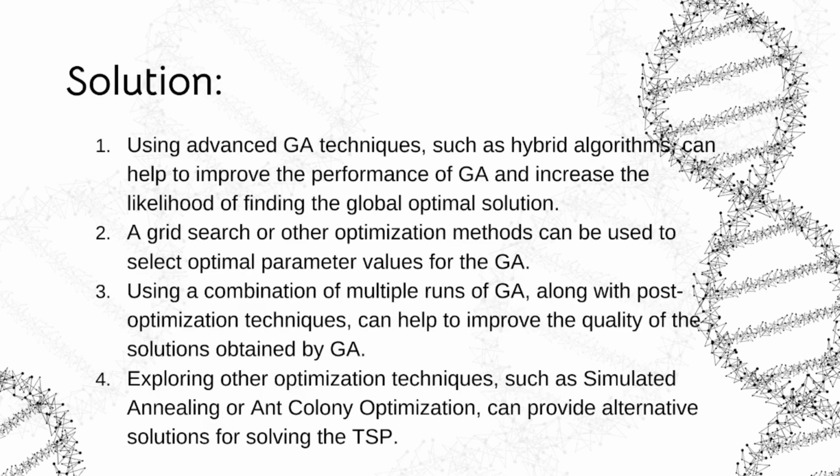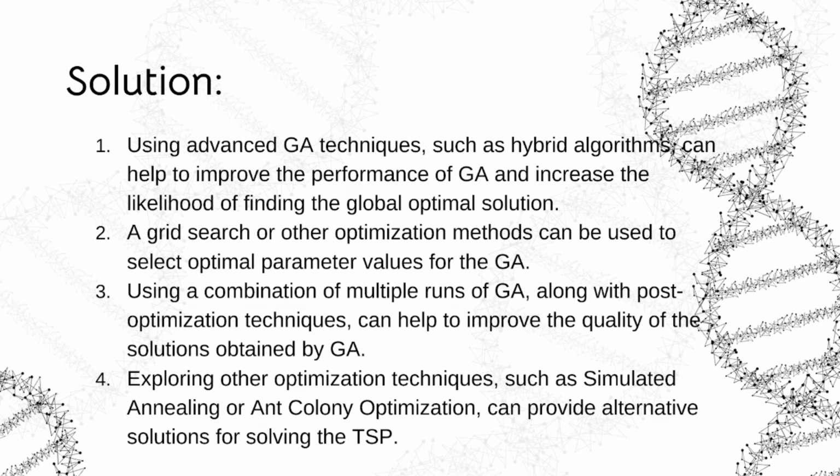Let's check a few solutions for these limitations. There are several solutions to the limitations of GA in TSP. Advanced GA techniques like hybrid algorithms can improve the performance of GA and increase the likelihood of finding the global optimal solution. Conducting a grid search or using other optimization methods to select optimal parameters for the genetic algorithm can also help.